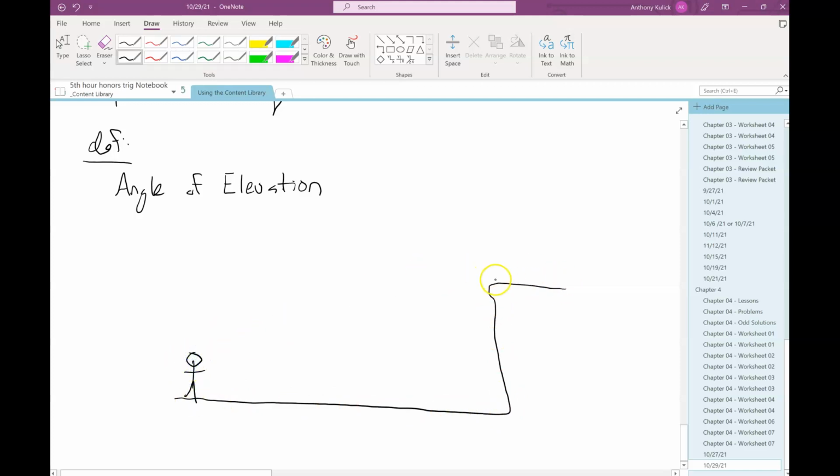So let's say we have 2 people, one person standing on the ground and one person standing up on a cliff or something. The person on the ground has a line of sight that's straightforward. Everybody's okay with that? And then they look up to look at the person above them.